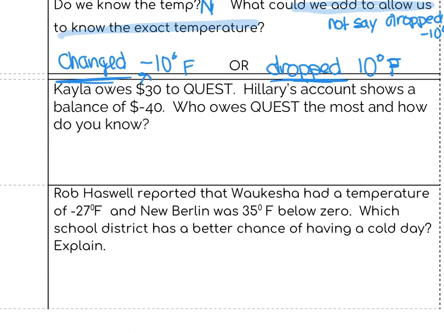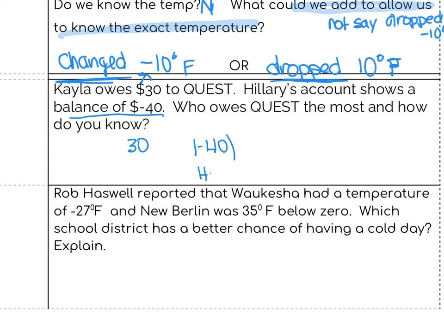Kayla owes $30 to Quest. Hillary's account shows a balance of negative $40. So who owes the most and how do you know? Well, Kayla owes 30, right? And if the balance shows a negative 40, that means we have to take that absolute value, that magnitude, the absolute value.